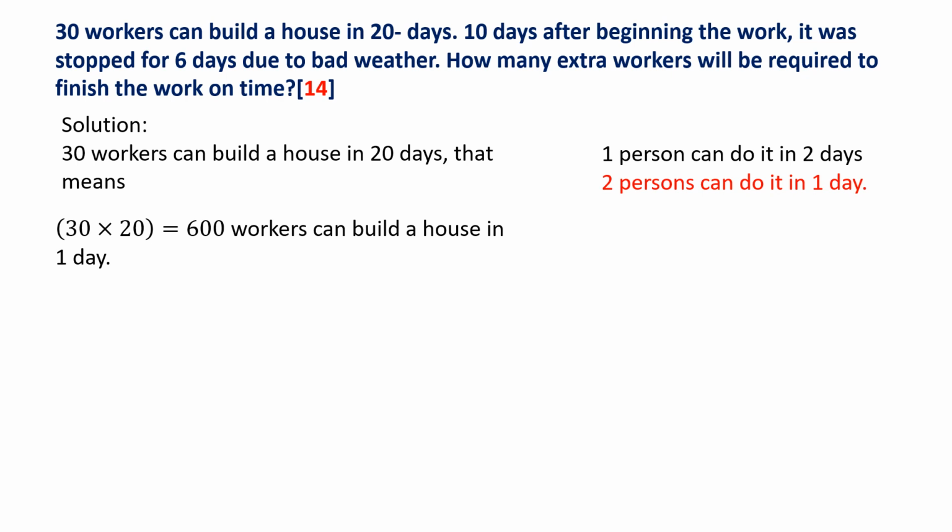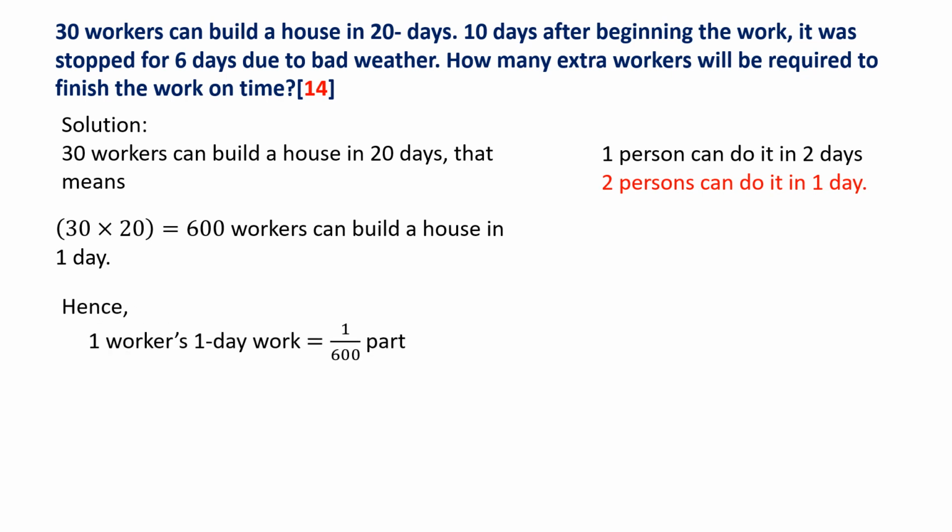If I can do a work in 3 days, then three men with the same capability as me can do it in 1 day. One man 3 days, that means three men 1 day. That means 30 workers can build a house in 20 days, so if I increase the number of workers, 30 times 20 workers can do it in 1 day. That is the problem.